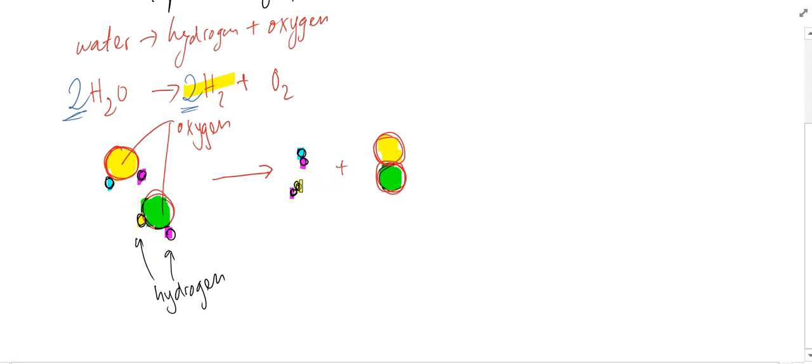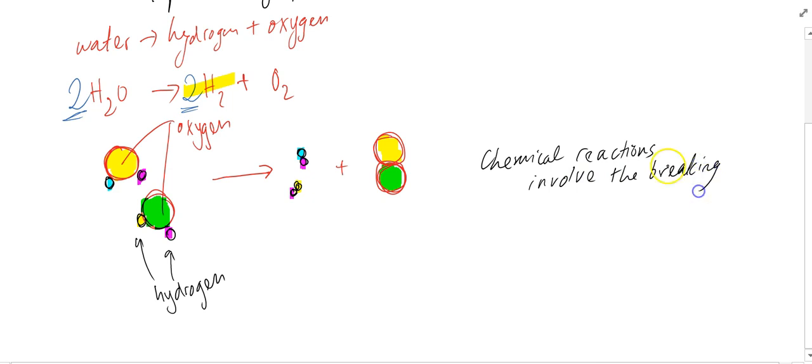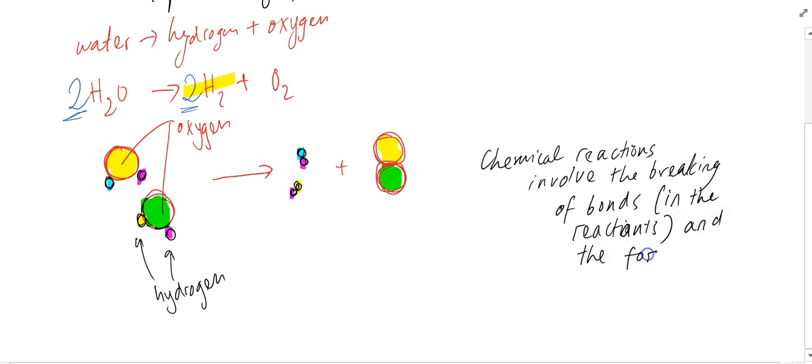Chemical reactions involve the breaking of bonds in the reactants, and the forming of new bonds in the products.